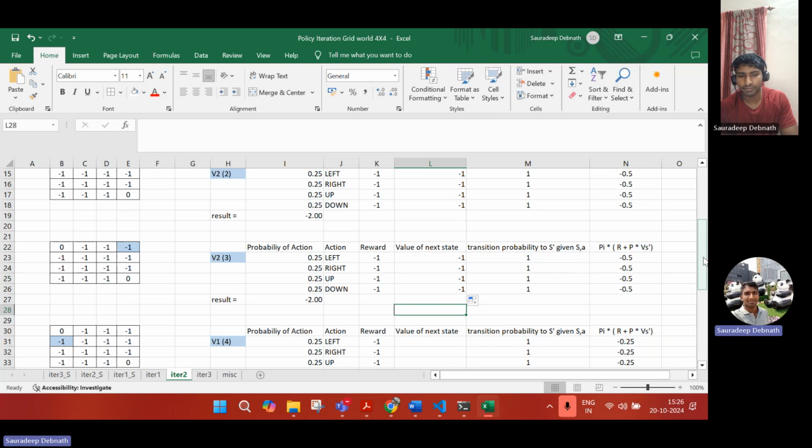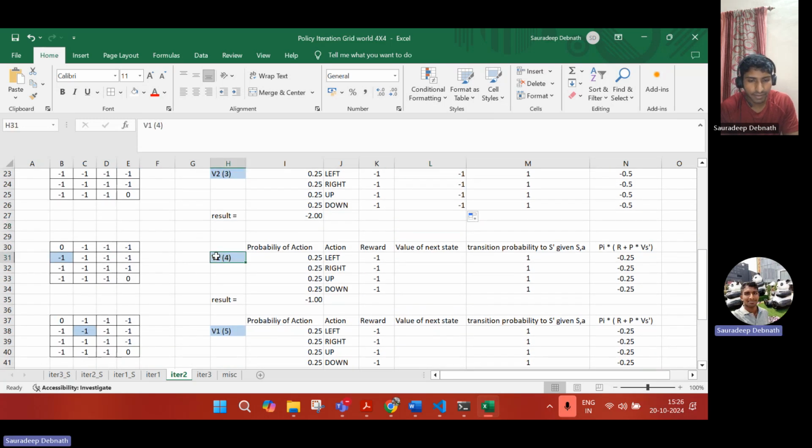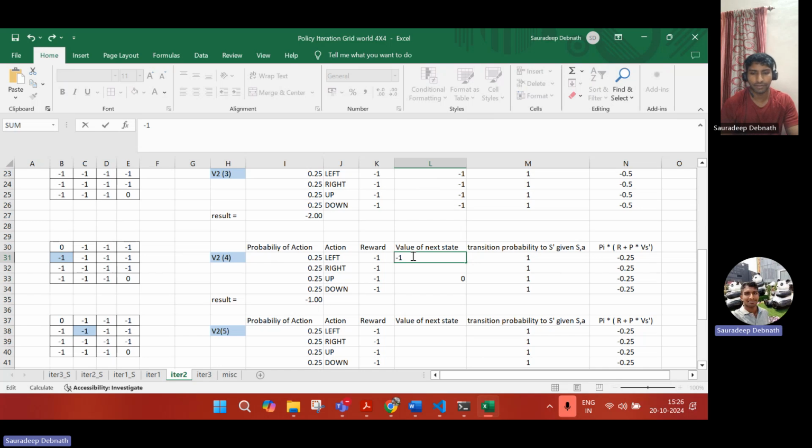It's a -2. And let's correct this. This is not iteration 1, it's iteration 2 for the second cell. Similarly, this is iteration 2 for the fifth cell, right? Yeah, so we're at cell 4. If we go up, then the value of the next cell would be 0. For the rest of it, it's -1.